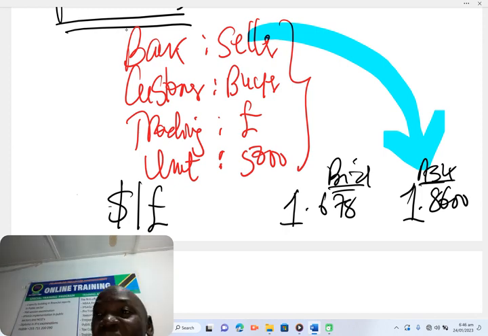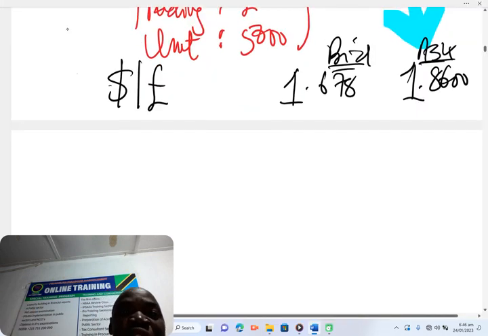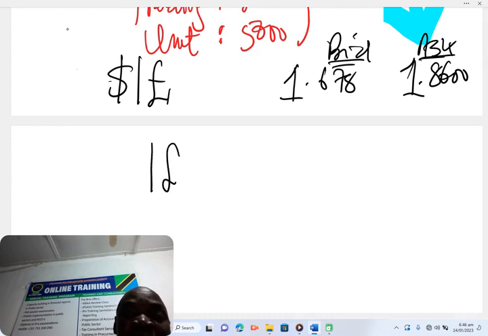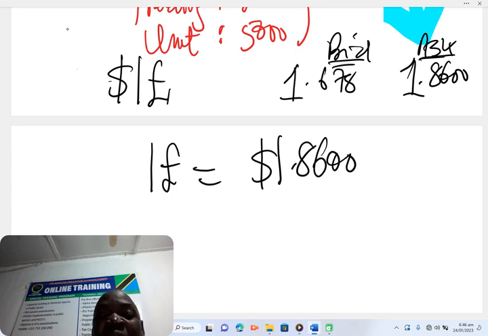Is it clear? So at this point, you move to the transaction side. So we are saying £1 corresponds to $1.8600. Now, how many units are we having?